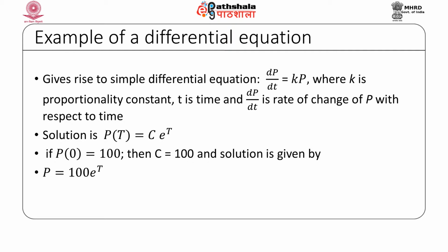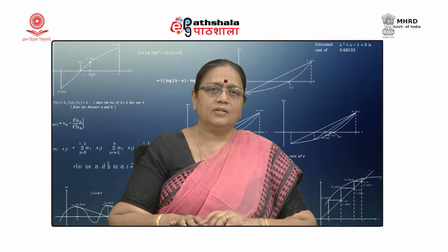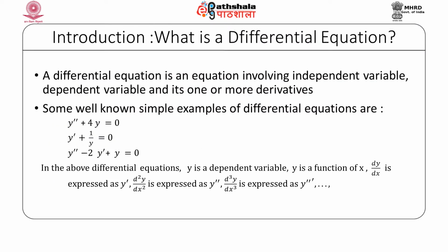And so, if you want to estimate the population 2 years hence, we put t equal to 2, if t is measured in years, and we get the population as 100 into e square. So, this is an example of a very simple differential equation which needs to be solved to get a particular solution.